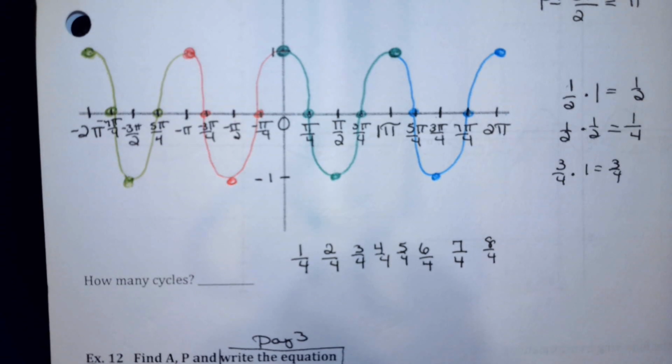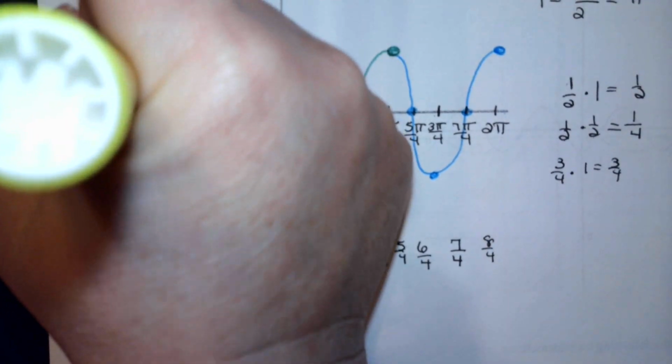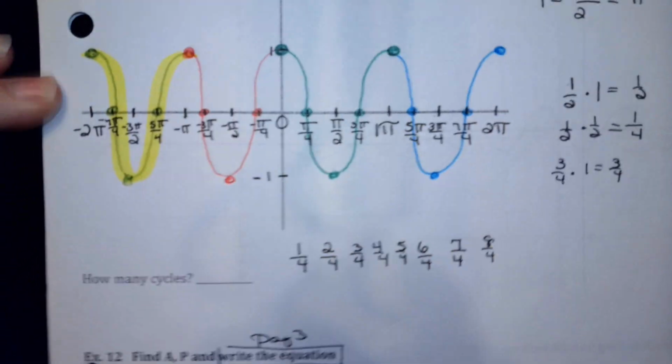So this is asking, how many cycles do you see? All right, so with cosine, we know it's the giant curve. So I'm going to come right here. Here's the giant curve, so that's 1 cycle.